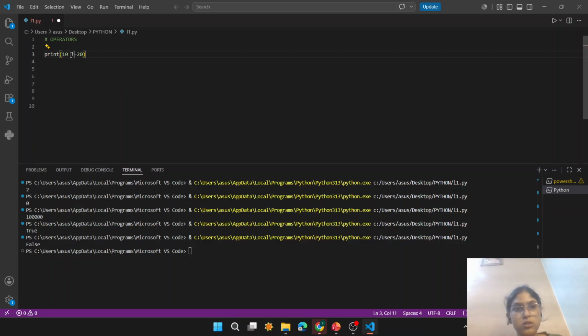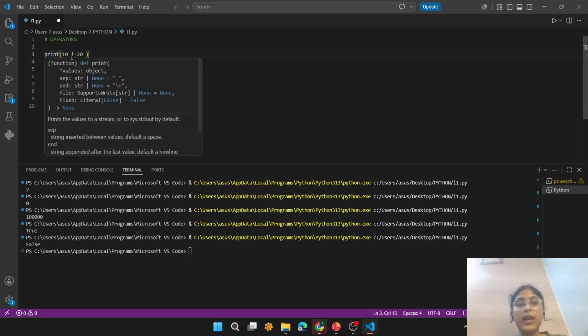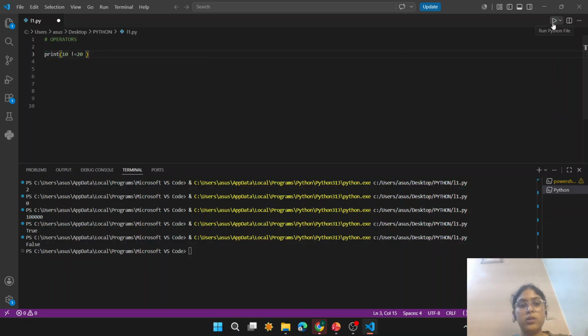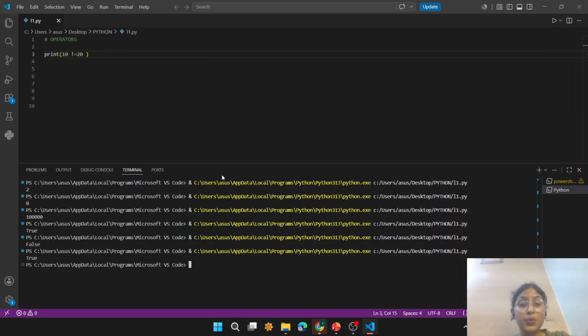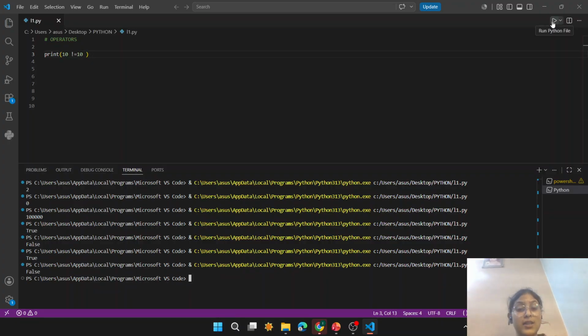The second operator is not equal to. What do you think the answer would be? 10 is not equal to 20. The answer is true because 10 and 20 are different. But what if I ask that 10 and 10 are not equal? Then the answer is false.